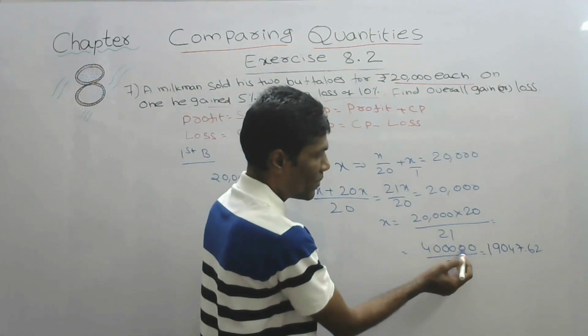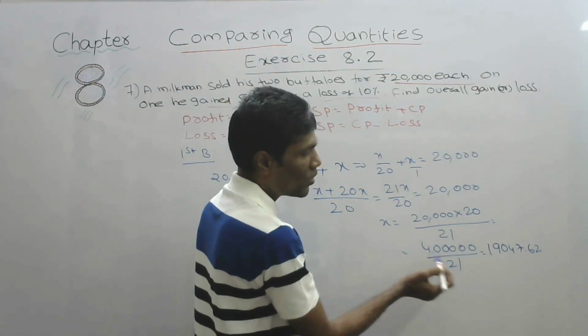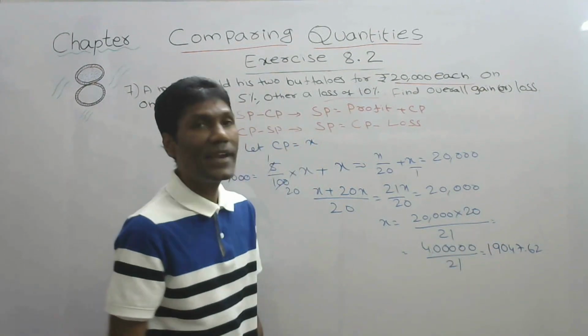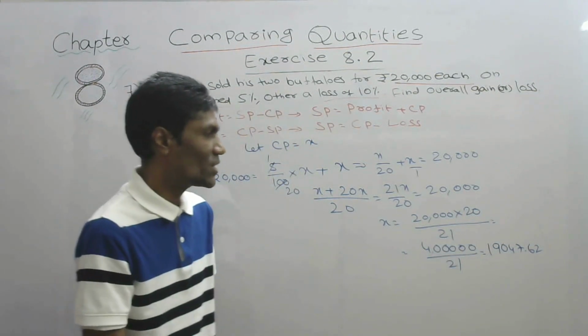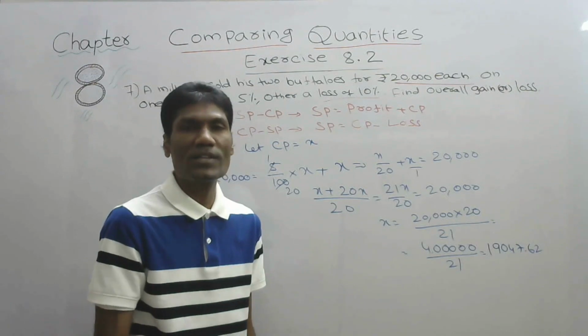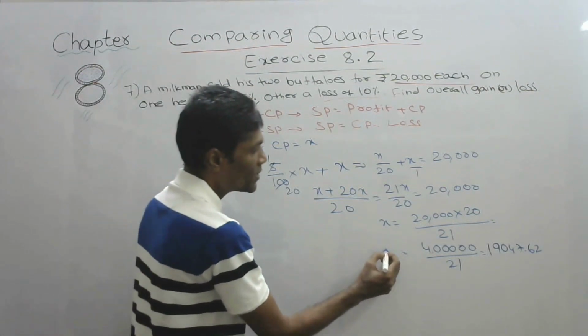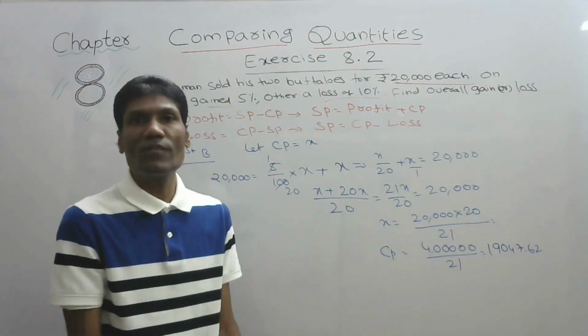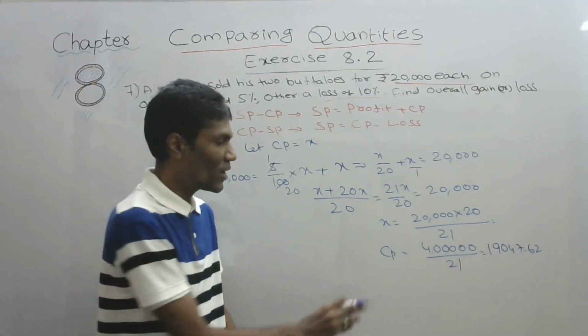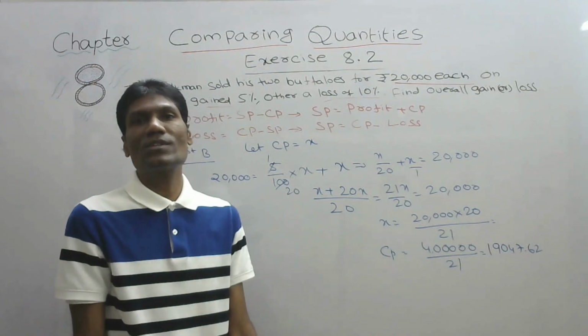So 4 lakhs by 21, which gives us 19,047 rupees 62 paisa. So this is the cost price on first buffalo.